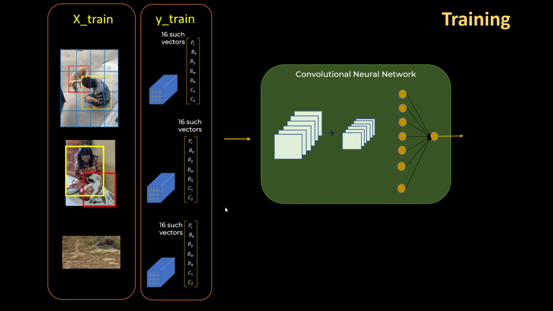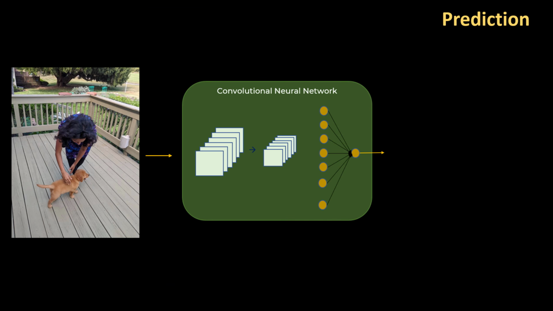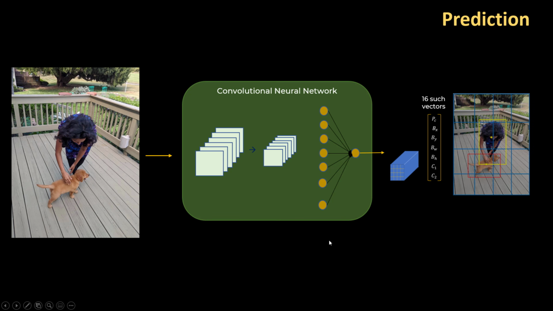Using this, now you can train your neural network, and after you have trained it, it can do prediction. So when you now give this type of image, it can produce 16 such vectors. And why 16? Because this is a 4 by 4 grid, which will basically tell you the bounding rectangle for each of these objects.